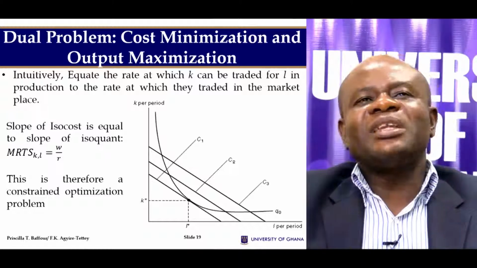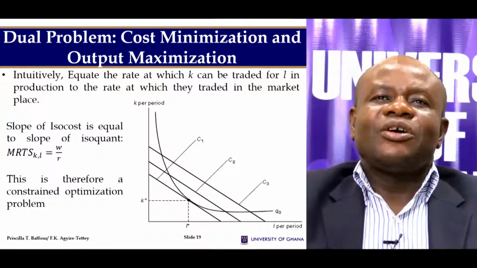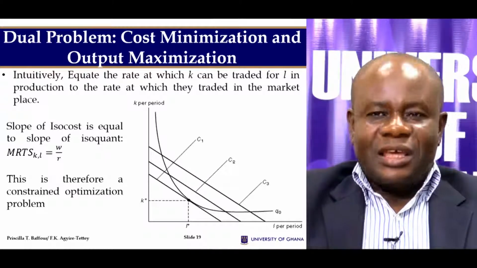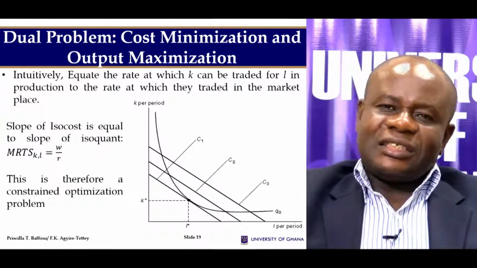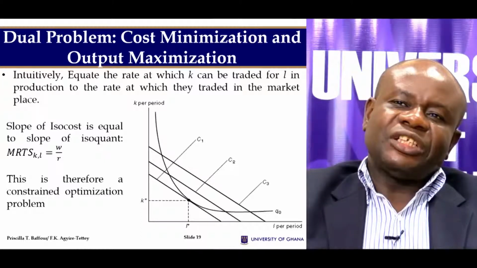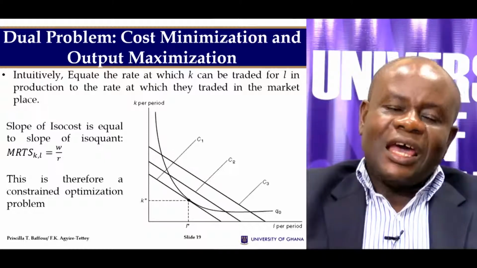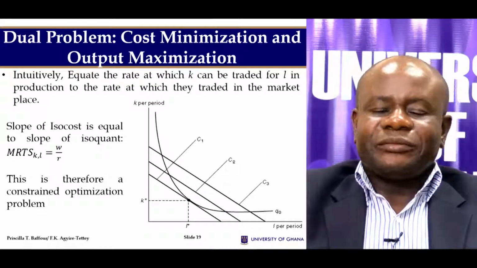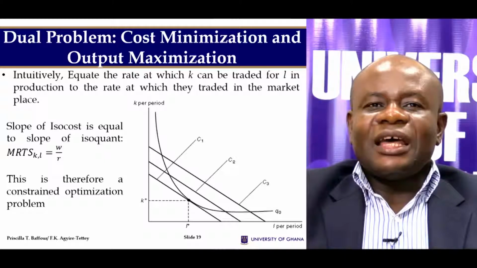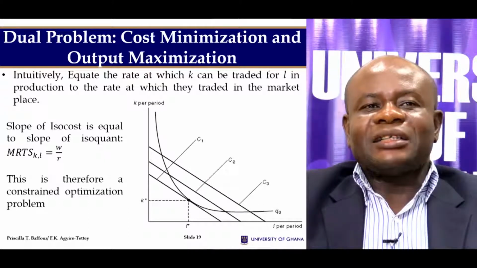Now, for us to minimize our cost, what we have to do is let the isocost be tangential to the isoquant. And at that point of tangency, we will be minimizing cost.